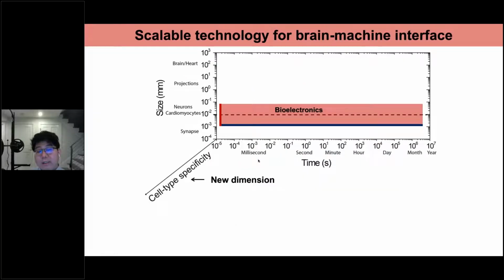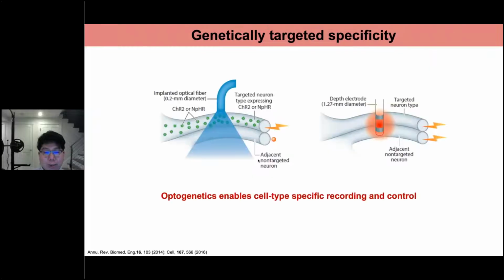So there is this third dimension on this diagram: if we want to build a very effective brain or tissue machine interface, we need to know the cell-type-specific information. In other fields like optogenetics, they have already solved this problem by harvesting very unique genetically encoded molecules like channelrhodopsin or halorhodopsin, which are ion channels that can be specifically expressed on specific types of neurons to bridge optical information to those genetically targeted neurons inside the tissue.